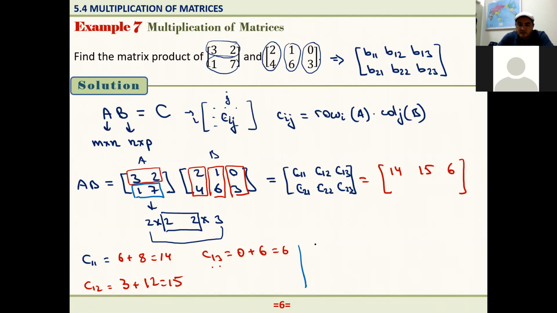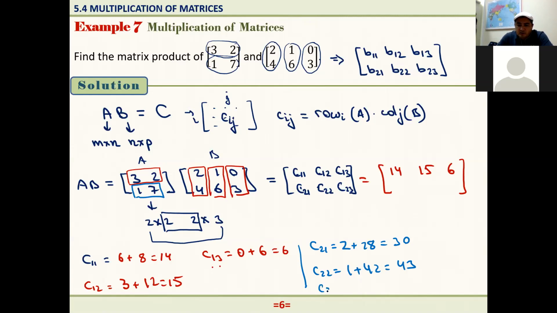C21: second row by the first column, 1 times 2 is 2, plus 7 times 4 is 28, which equals 30. C22: the second row by the second column, 1 times 1 is 1, plus 7 times 6 is 42, so that equals 43.